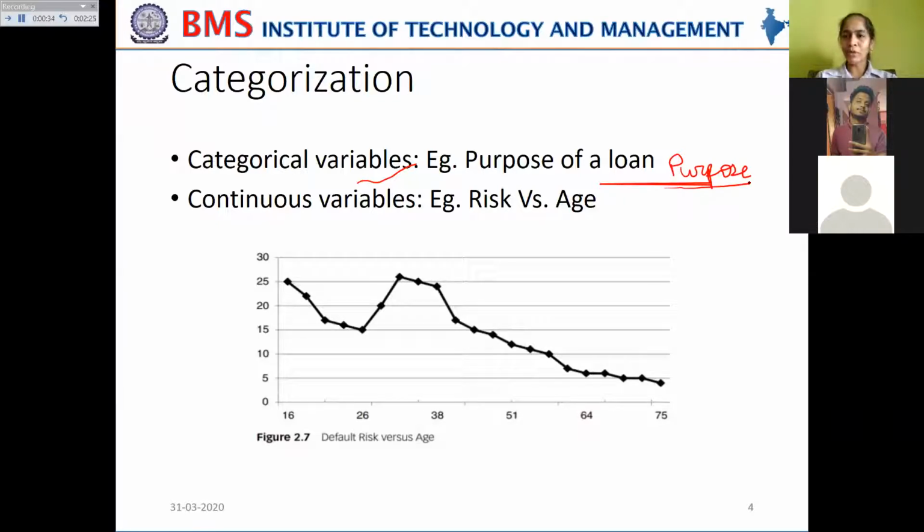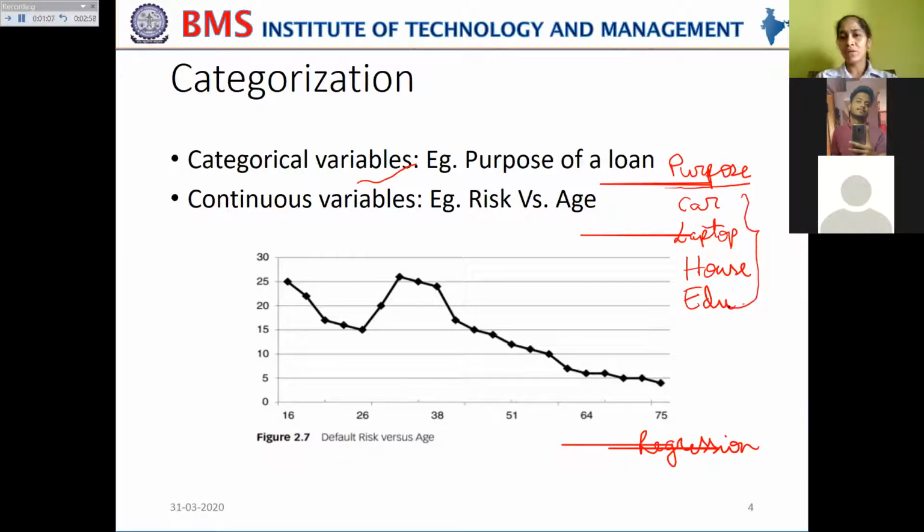Under this, we may have various values like the purpose of the loan is to buy a car, or to buy a laptop, or a housing loan or education loan, like this, right? Now when we take this categorical variable and fit it to a regression model, the model expects all the parameters to be numerical values. In that case, we need to change all these values under purpose of the loan into numerical values.